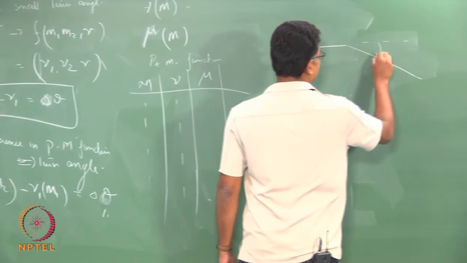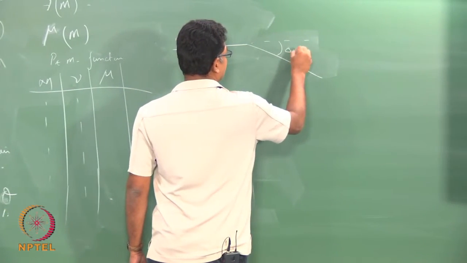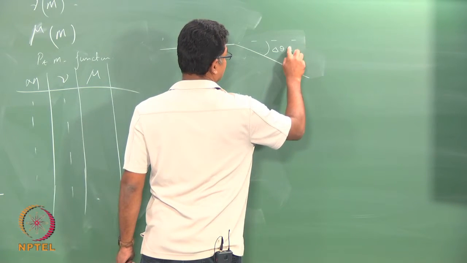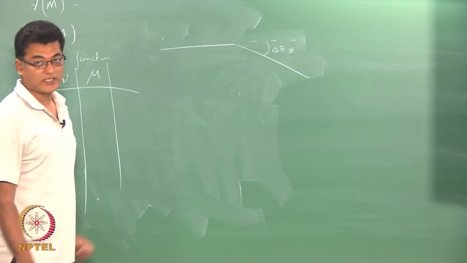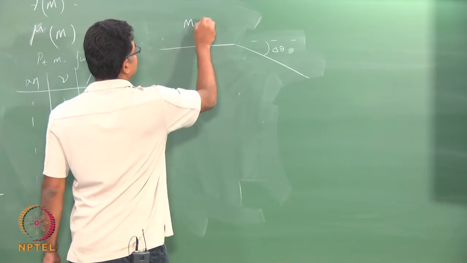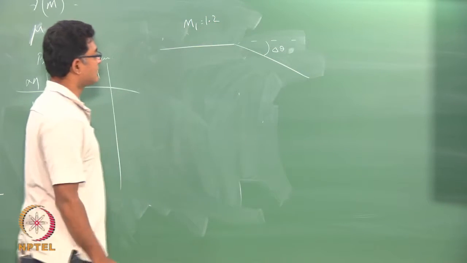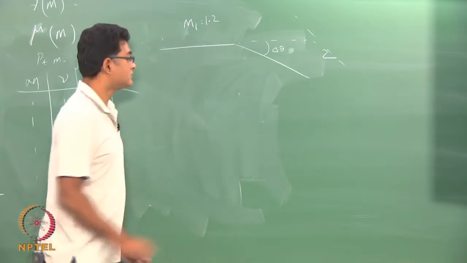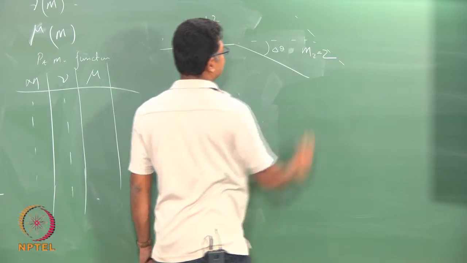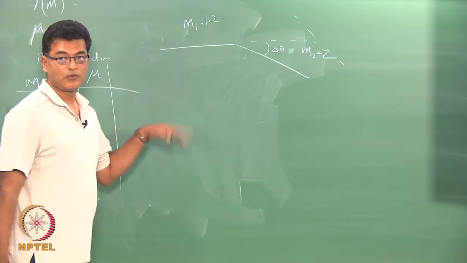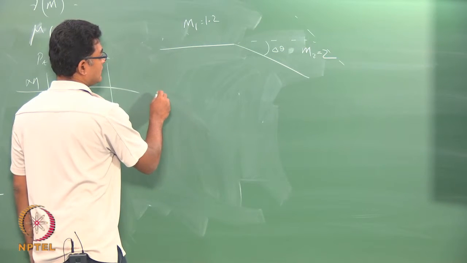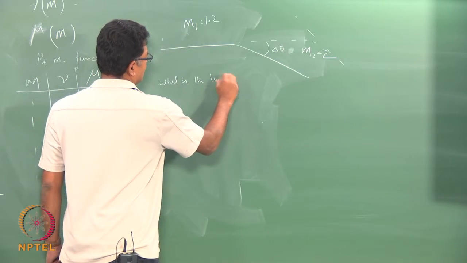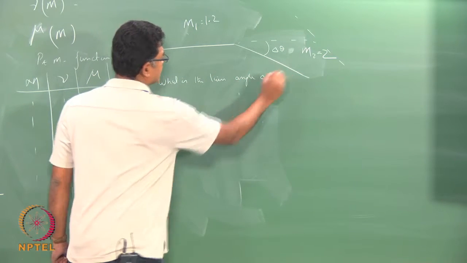So, if I have a turn of a finite value, delta theta is my turn angle, so let us try to find the turn angle. If this Mach number is 1.2 and the final Mach number is 2, okay, m2 is 2, what is the turn angle delta theta?